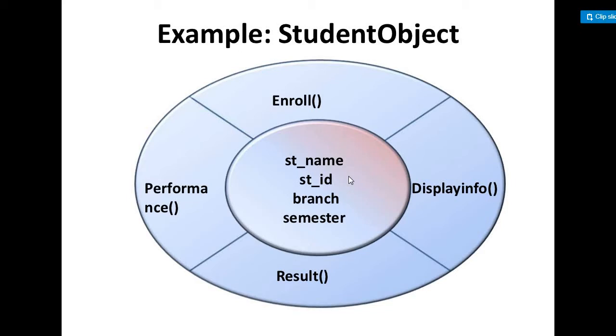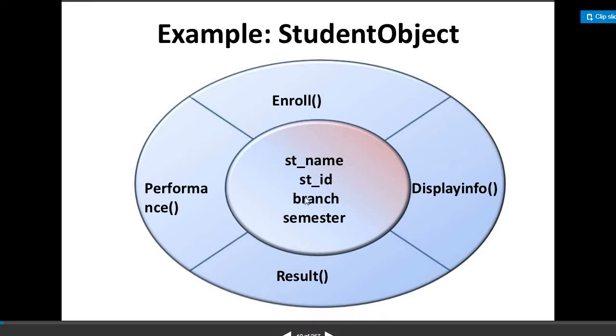Student name, student ID, branch, semester, these are the attributes, properties, characteristics, fields. And enrollment, displaying info, result, performance, these are the operations, that is functions, behaviors. So you can define a student object in this way.